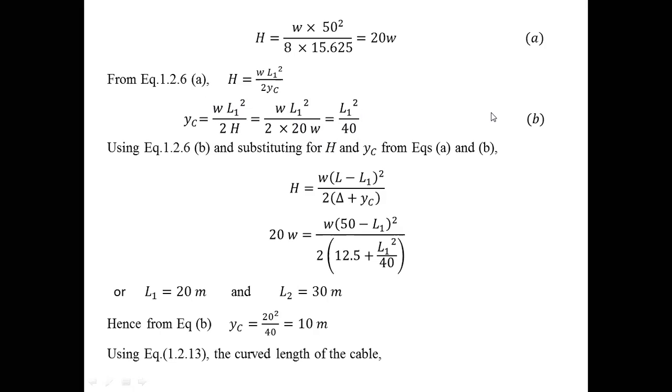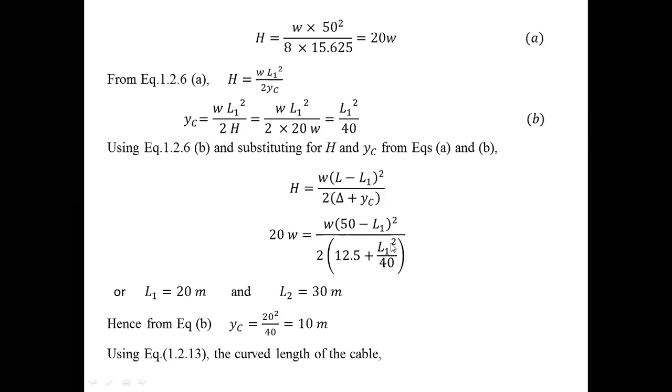Right? And similarly, right hand side portion, you take H is equal to W into L2 whole square by 2 into delta plus YC. This is also done in the derivation. Then you know H is equal to 20W. Everything in terms of L1, YC is equal to L1 square by 40.